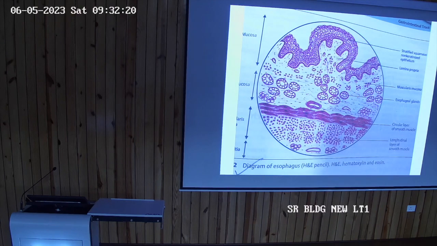This muscularis mucosae consists of circular smooth muscle fibers. In most parts of the GIT, the muscularis mucosae consists of two layers: inner circular smooth muscle fiber, outer longitudinal muscle fiber. Most parts, except this esophagus, where we find only the single layer.